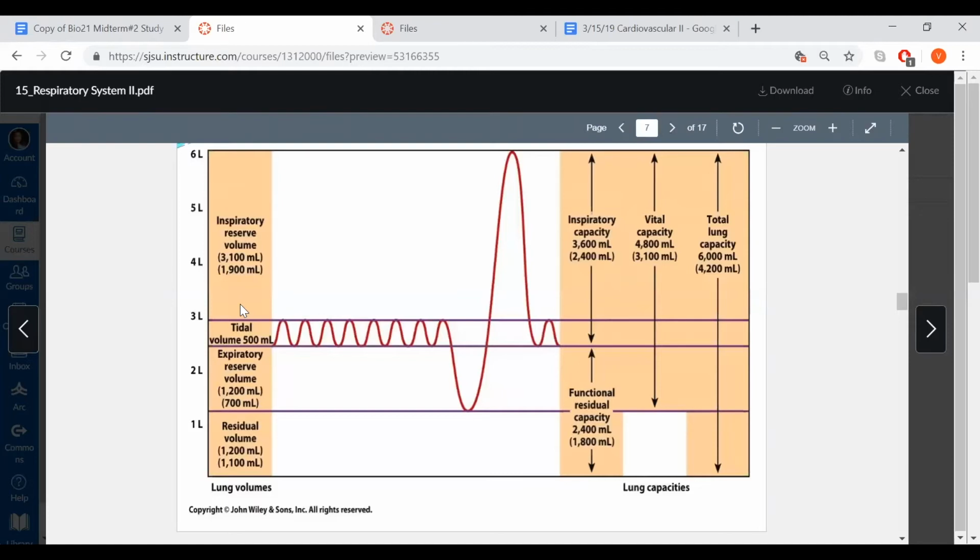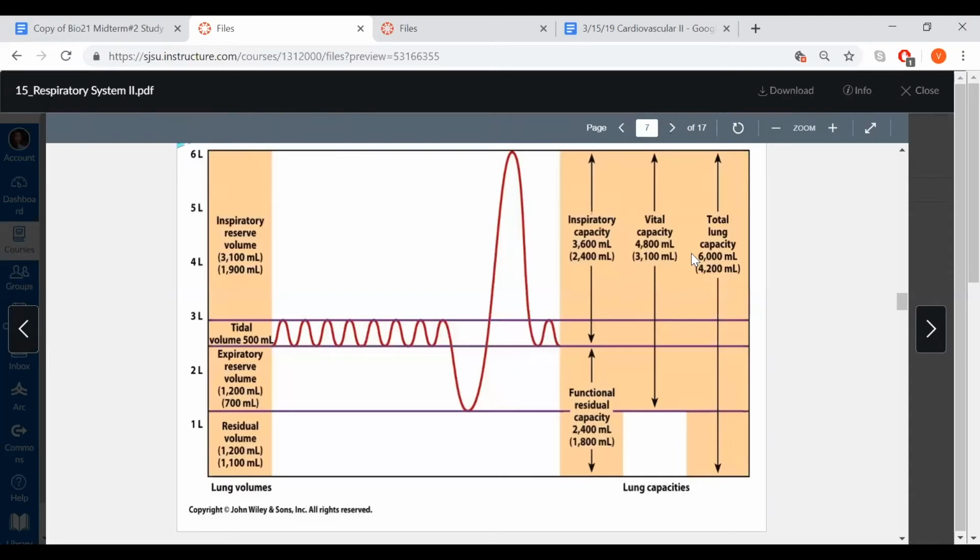And then the expiratory reserve volume is the one that you exhale, expiratory, X out. So breathing out. And then the residual is the one, remember when she was talking about getting the wind knocked out of you? So that's the extra air that doesn't make your lungs stick together. So there's always going to be a little bit left, but if you get it knocked out of you, then your lungs are sticky.